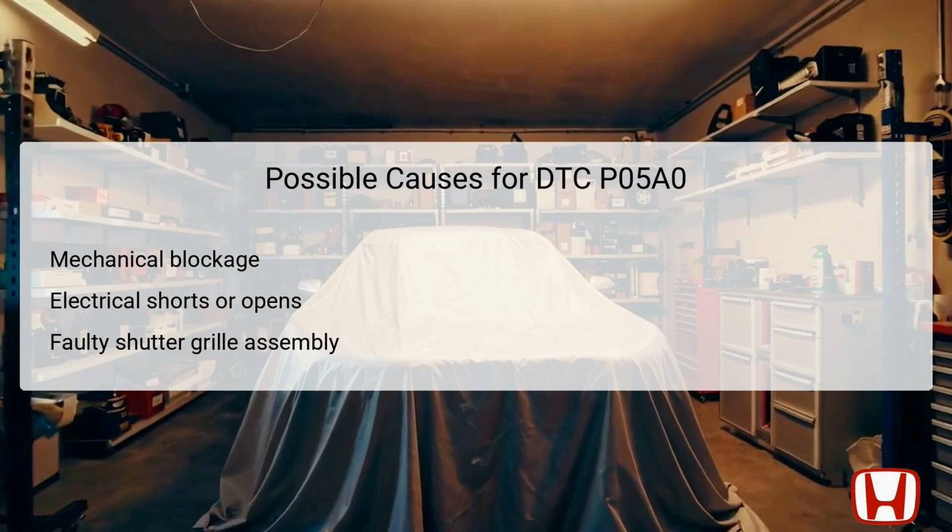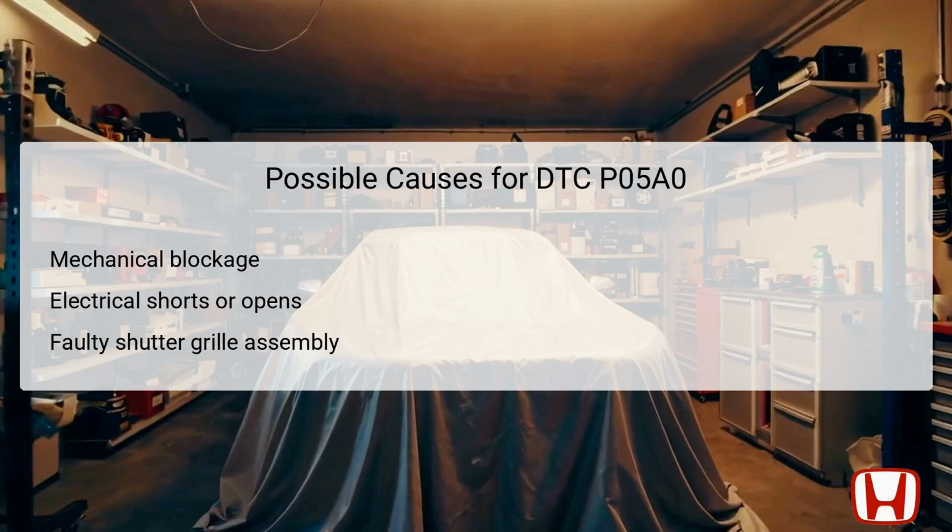Electrical issues, such as shorts or opens in the circuit that powers the shutter grille, can directly lead to system failure, hindering its responsiveness to PCM commands. Additionally, the shutter grille assembly itself might be faulty, leading to its inability to function correctly regardless of the conditions present. Each of these potential issues needs thorough investigation to isolate the root cause, as they contribute differently to the overall malfunction.